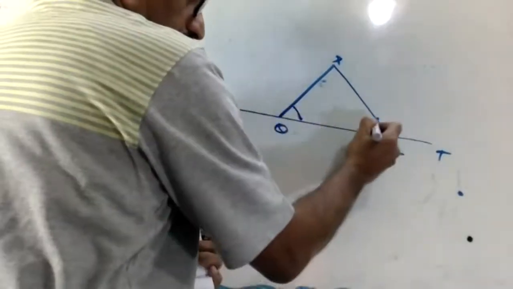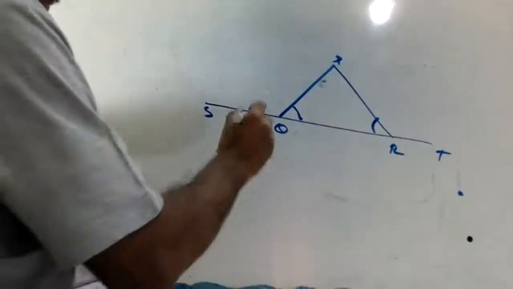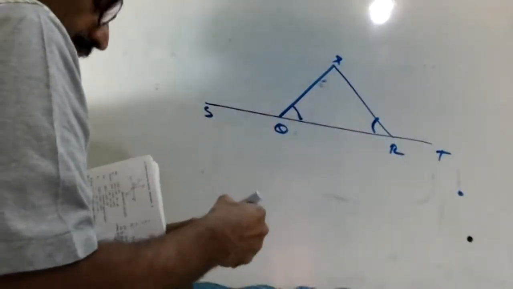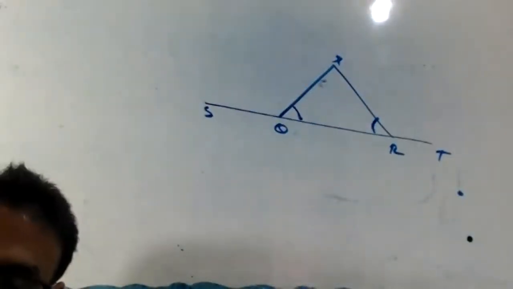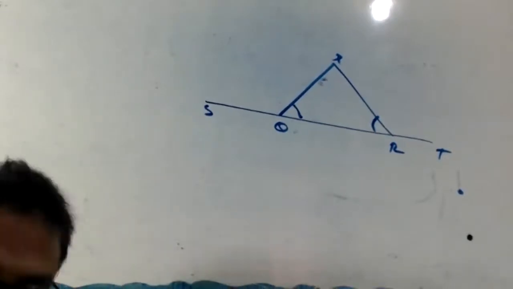These two angles are equal. Prove that PQS equal to PRT. Okay, try this one.